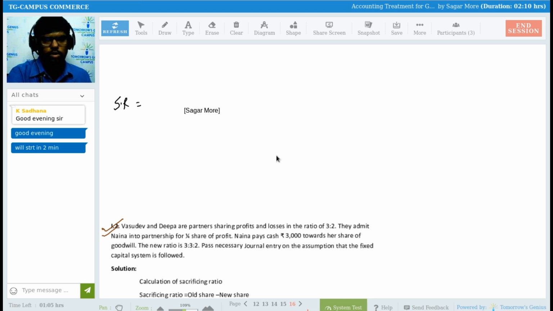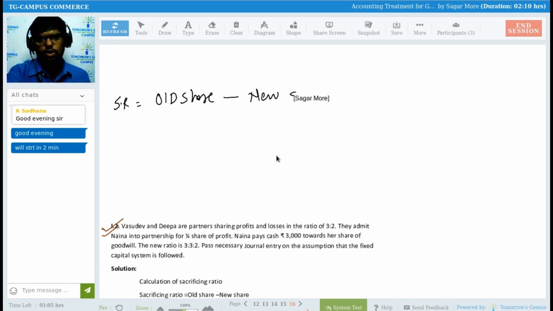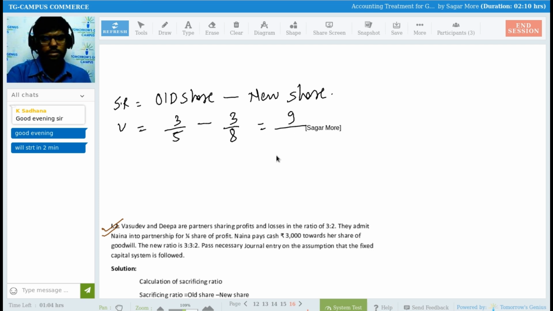Old share minus new share. So for Vasudev, the answer will be old share 3/5 minus new share 3/8, which is 9/40.